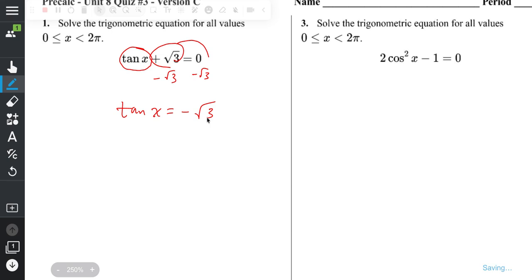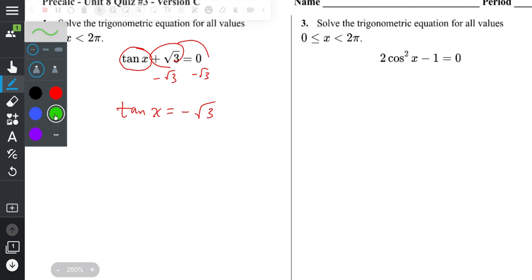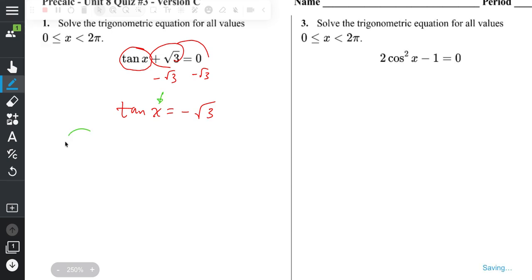All right. Now your job is to find what angles on the unit circle. They want angles. X is the angle, not the x coordinate, but the angle that falls between 0 and 2 pi. So where is the tangent negative root 3 on the entire one way around the unit circle?